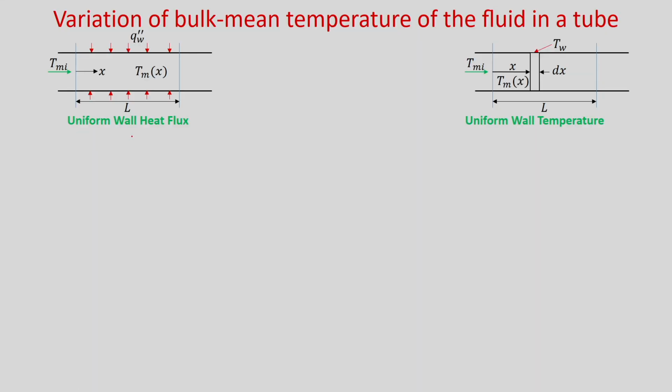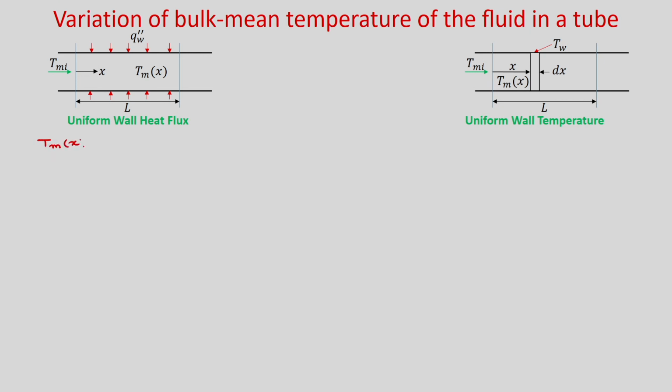So, now for both the thermal conditions we have found the axial variation of mean temperature as well as the total heat transfer rate. Now, let us see the variation of this bulk mean temperature of the fluid in the tube. For uniform wall heat flux, what is the variation of Tm?